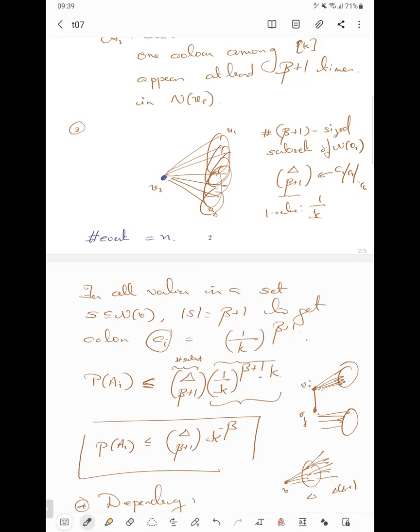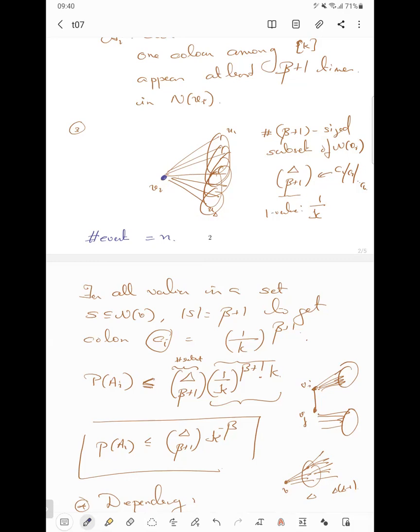You have to sit back and understand this: your choice of the bad events, the choice of the experiments, will sometimes be dictated by the technique that you plan to use. If you are going to use the union bound, then blowing up the number of events is against you. But if you are planning to use the Lovász local lemma, the number of events is almost a don't-care for you. What you should be worried about is the dependency, which means smaller and smaller events are going to give you better results.